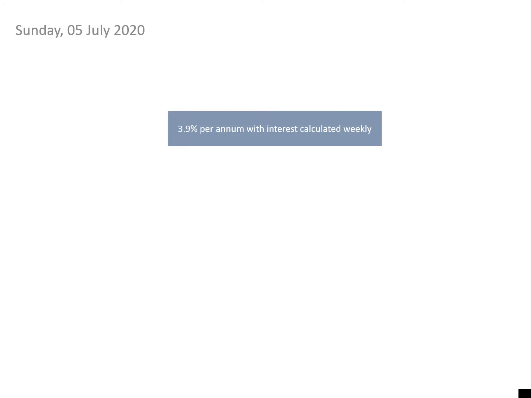This is 3.9% per annum with interest calculated weekly. So what's our N value going to be? Our N value, because it's weekly, is going to be 52 because there's 52 periods in a year. And our I value, 3.9% turned into a decimal, is 0.039.